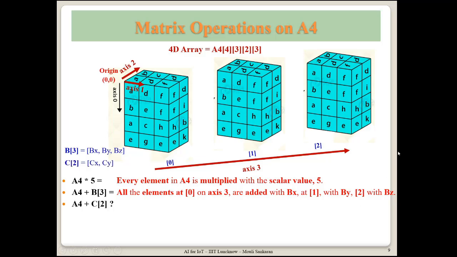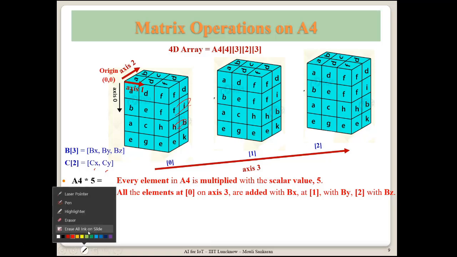Now let me ask a question. If I have a matrix C of 2, that means I have only two values, Cx and Cy, and I want to add this matrix to A4. Is it possible to do? You may think, okay, why not take the two and do it. It is not going to be performed that way.